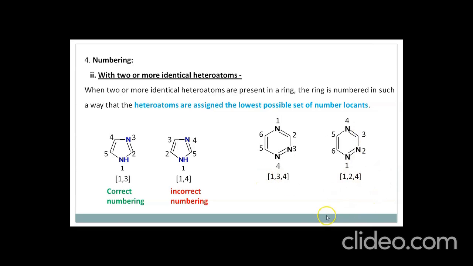So which one is correct? Obviously this one is correct and this is incorrect numbering. So remember, when two or more identical heteroatoms are present, you have to give the numbering in such a way that the heteroatoms are assigned the lowest possible set of number locants.